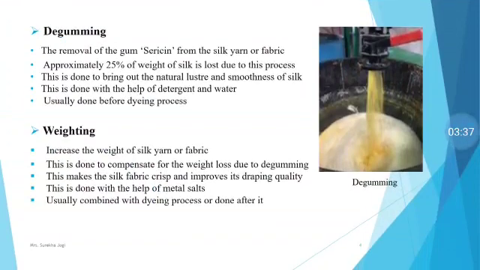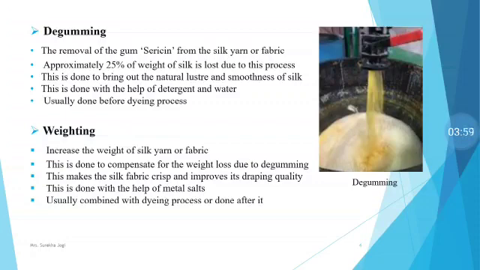After that, two important processes used for the silk yarn are degumming and weighting. What is degumming? Degumming means removal of the gum of silk, that is sericin.